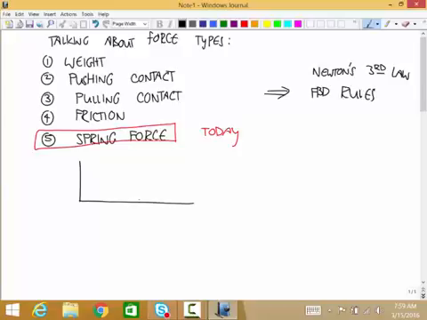Okay, so let's say that we have this object connected to the wall by a spring. And we're going to talk about the force that the spring applies to the chosen object.